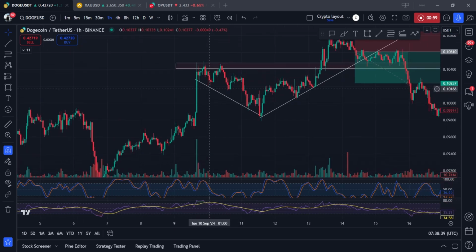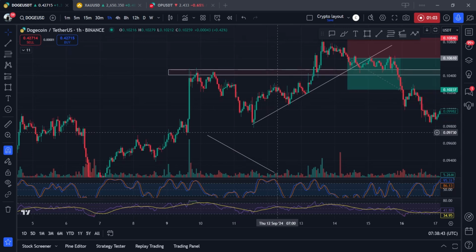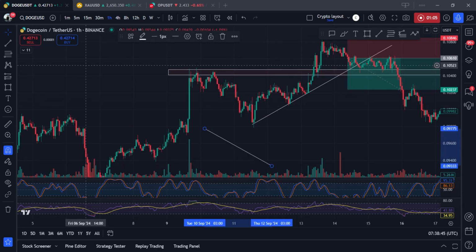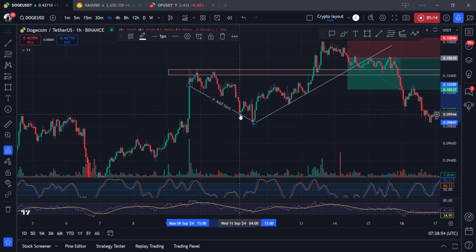So what do you do to mark the trend lines? You take each point of the candles, the touching points here again, and then you can draw a line.